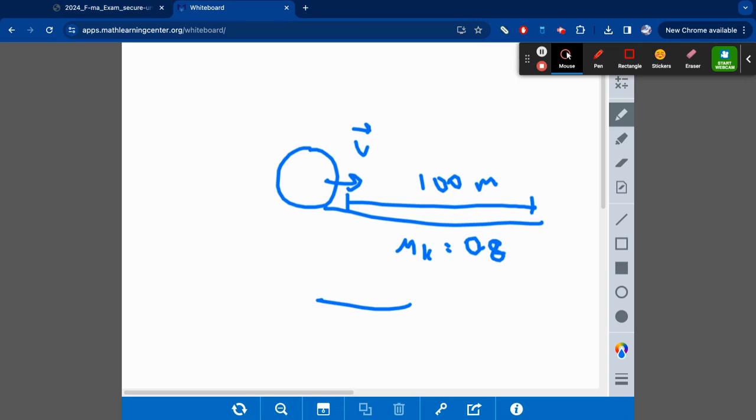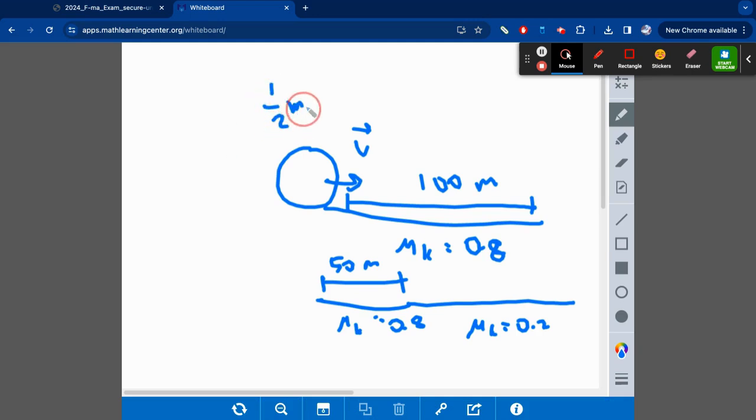So if we know that the first 50 meters have mu k equals 0.8, just like this one, but now we have a stretch of ice with mu k equals 0.2. So basically what it's asking us to find is, okay, we have all this initial kinetic energy and we have friction that's basically doing work on it for this distance, right?